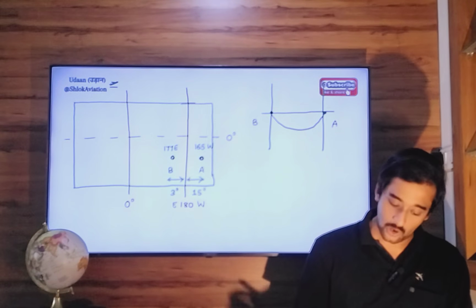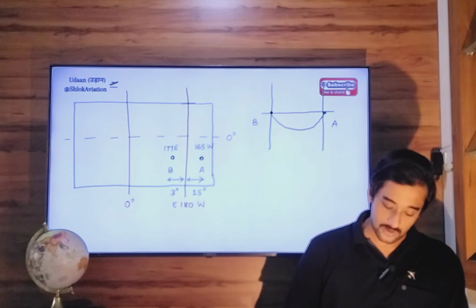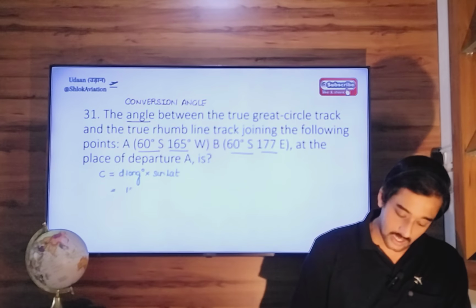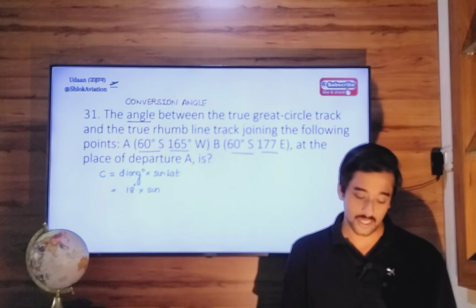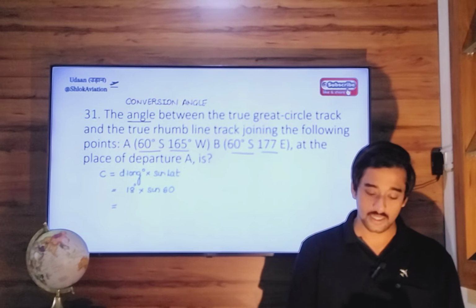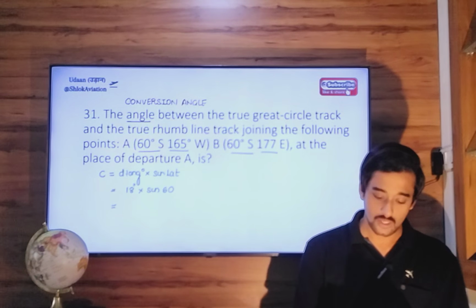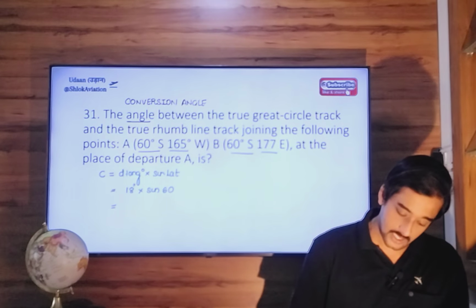So total D long between positions A and B is 15 plus 3, that is 18 degrees, into sine of latitude. Both are located on the same latitude, so sine 60. So 18 into sine 60 is equal to 15 degrees 35 minutes.